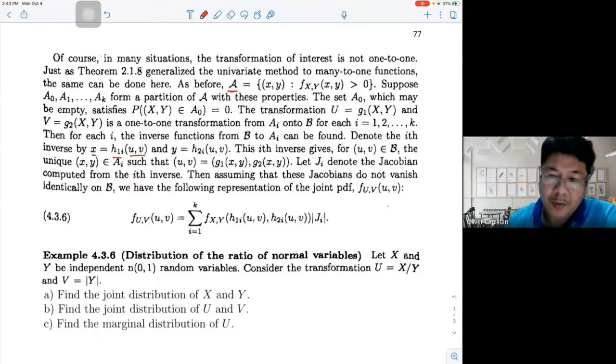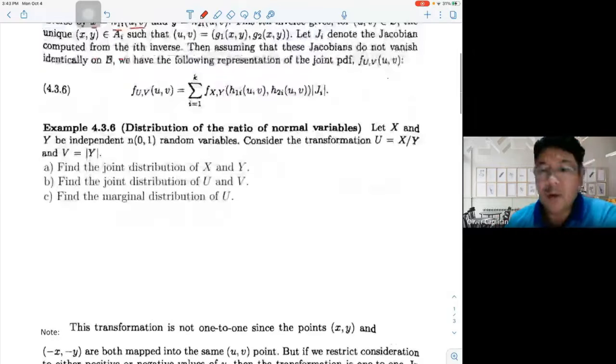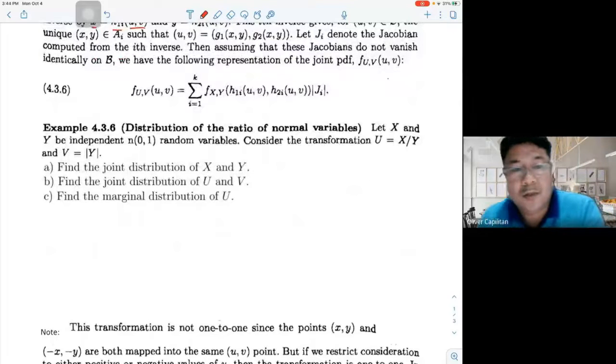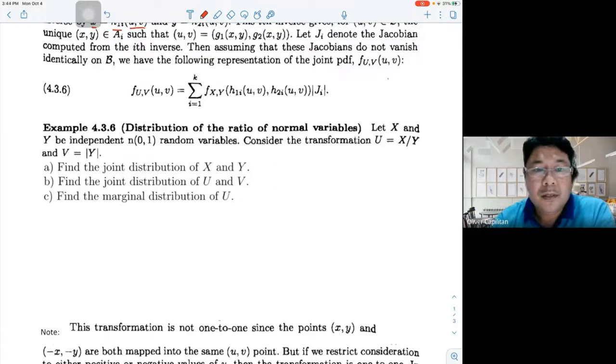So let's have an example to illustrate this before going to the next section of chapter 4. The distribution of the ratio of normal variables. Let x and y be independent standard normal random variables.